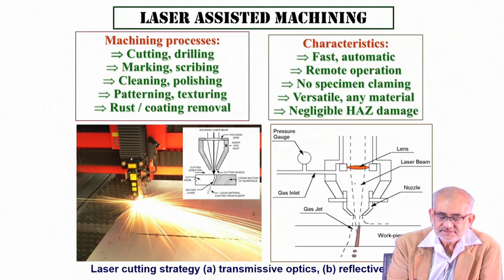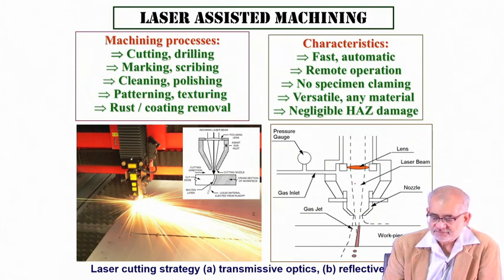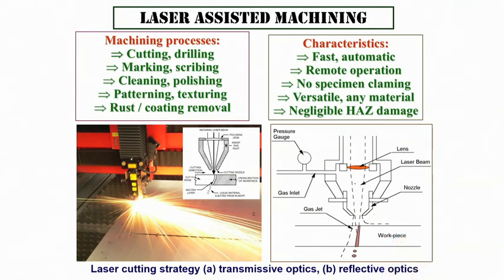So what you need is an incoming laser, and there are two possible strategies: one is transmissive optics, the other is reflective optics. You have a laser beam incident onto the solid that we are irradiating.